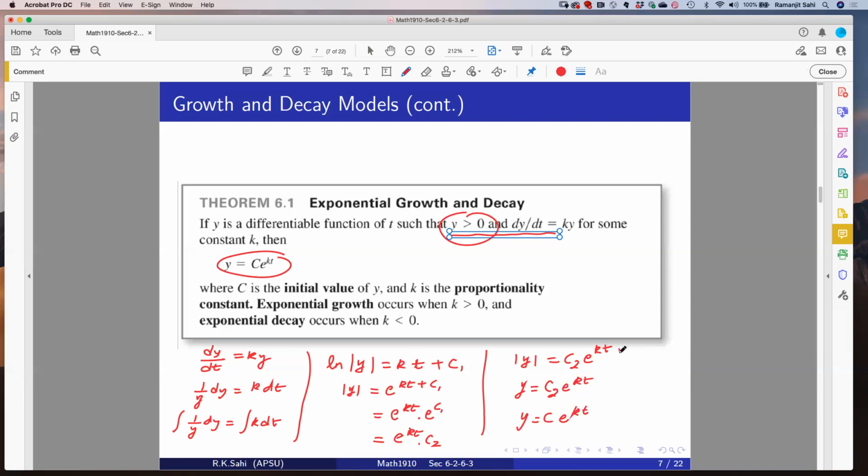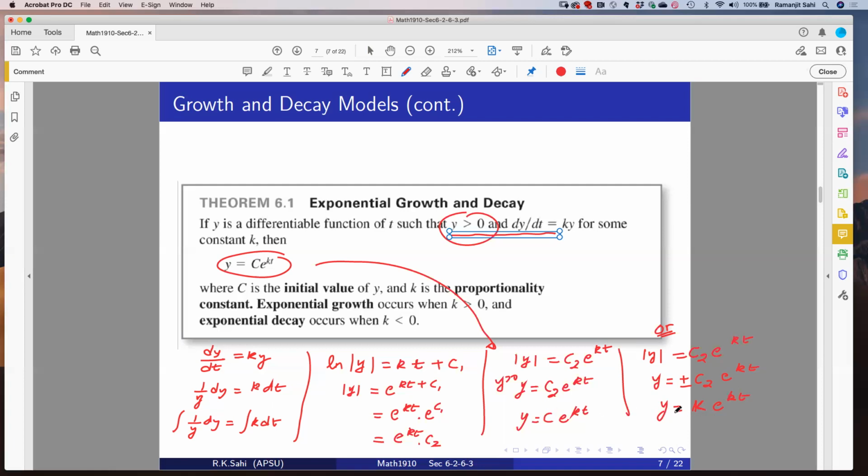So this is one way, because I'm assuming y is positive and I'm trying to get the solution. Another way of looking at it: if I remove the absolute value, because y can be positive or negative, I can write this as y equals plus or minus C2 e to the power kt. A plus or minus with a constant is still going to be a constant. So I can write this as y equals, say, another constant, k, e to the power kt.